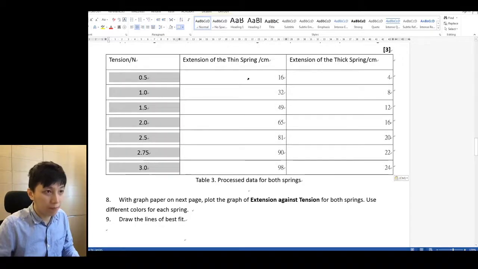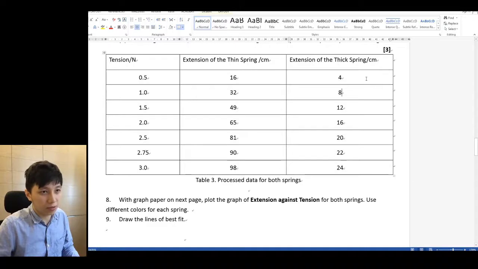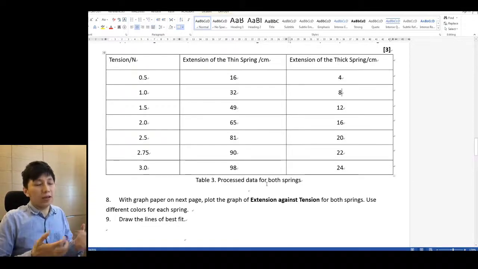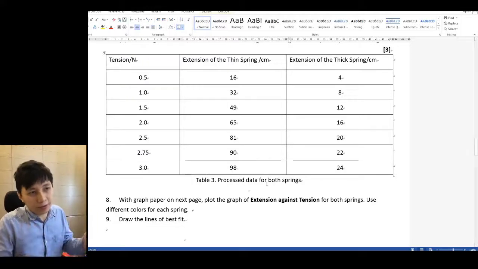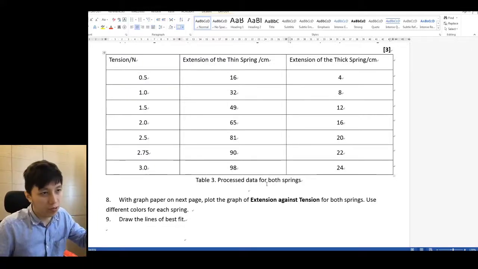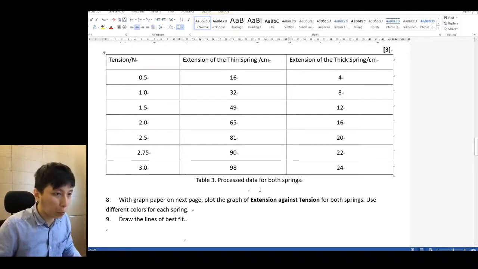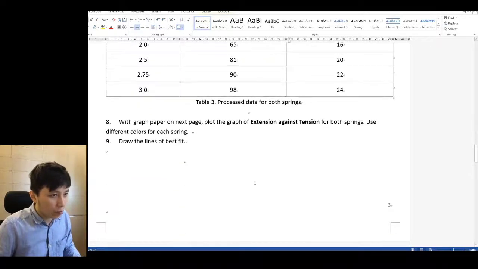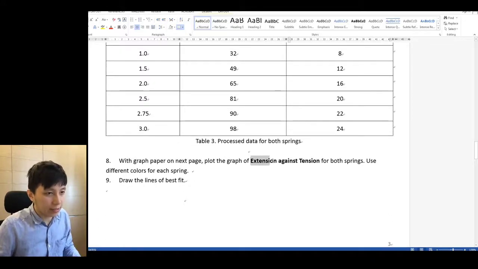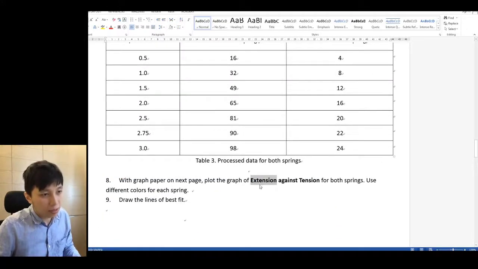Just to give better formatting, I'll do this. And of course, you can do it manually. The reason why I like to do it with Excel is since we have inputted digitally, then why not? And also that will reduce your careless mistakes. Anyway, we will move on to plot a graph of extension for both strings, extension against tension.